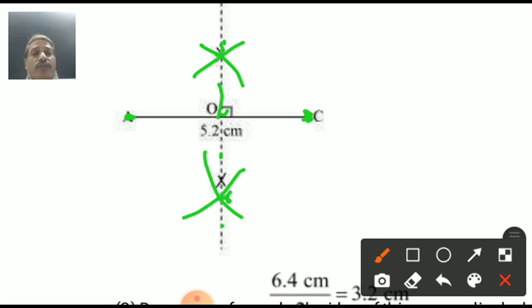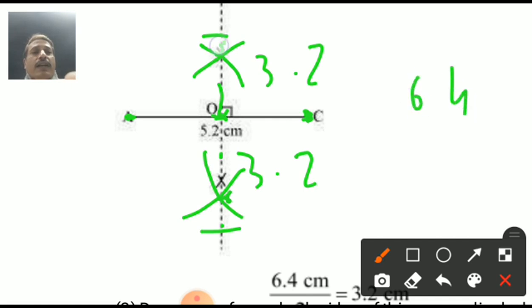Yes, 6.4. 6.4 का half कितना हो बेटा? 3.2. So from here 3.2 I can make an arc here and an arc here. Why 3.2? This 3.2 will give me a 6.4. Our second arc here. B and D. B and D is equal to 6.4.